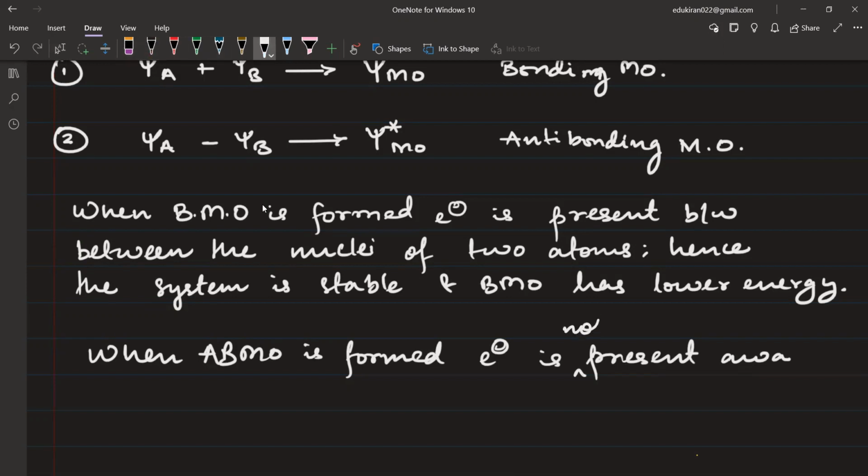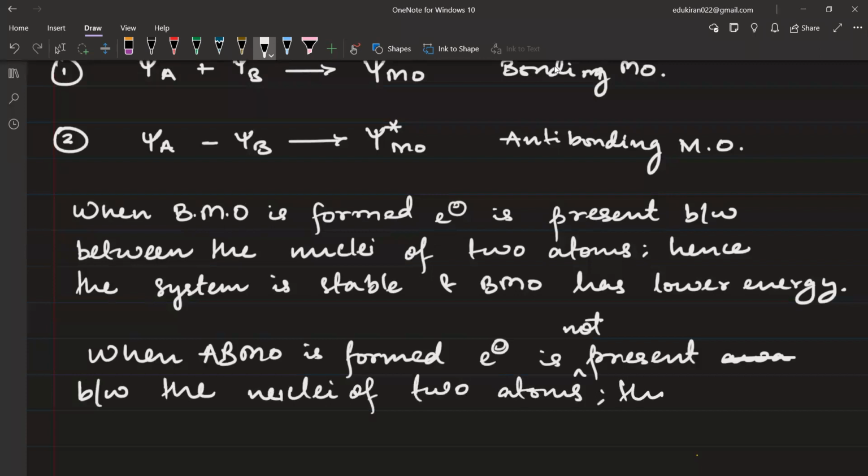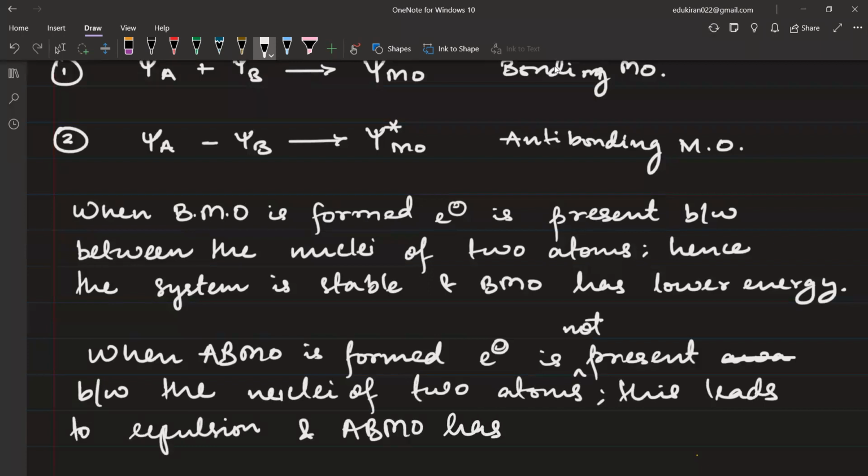Electron is not present between the nuclei of atoms. This leads to repulsion, and ABMO has higher energy.